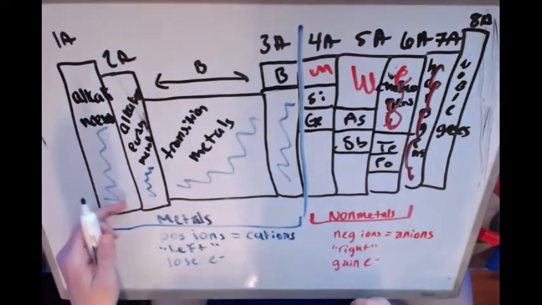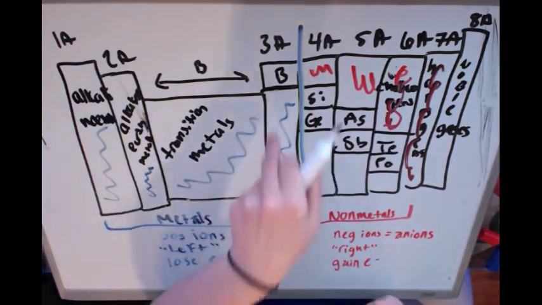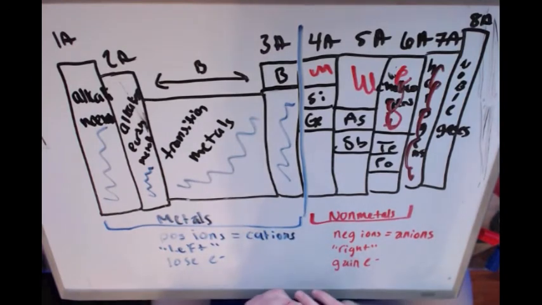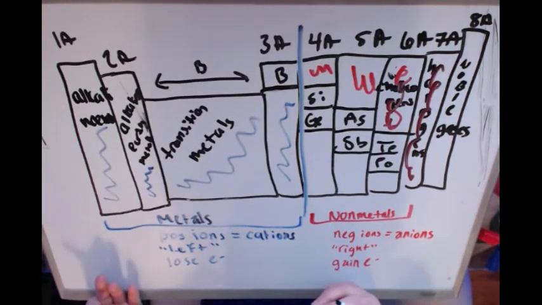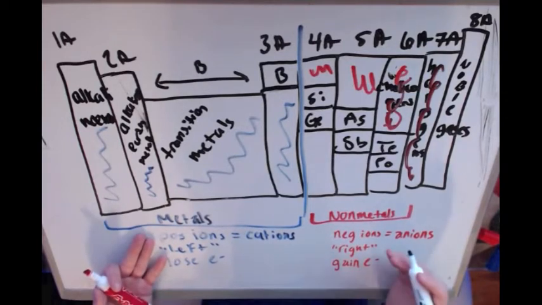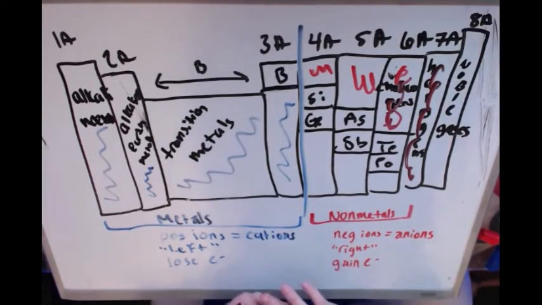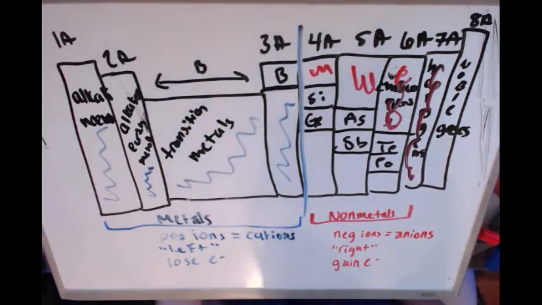I have designated them in blue and red as metals and nonmetals. And so the gist of this is that an ionic compound is made of metals and nonmetals that are ionically bonded. So next we'll get into what types of bonds you have.